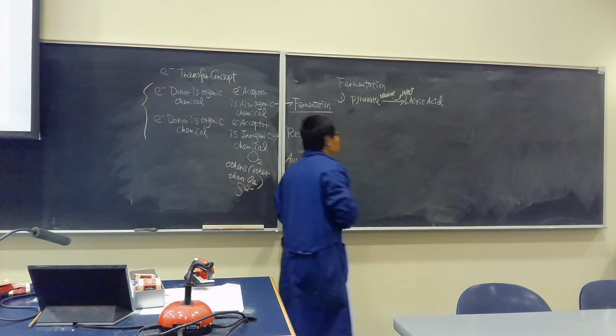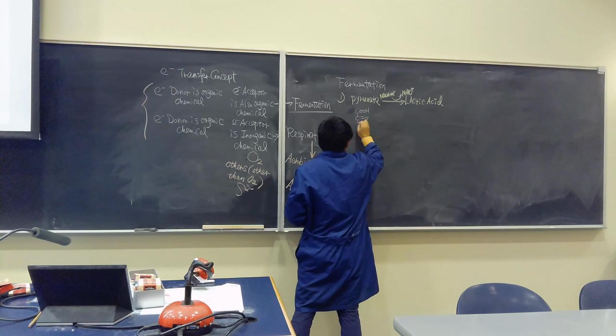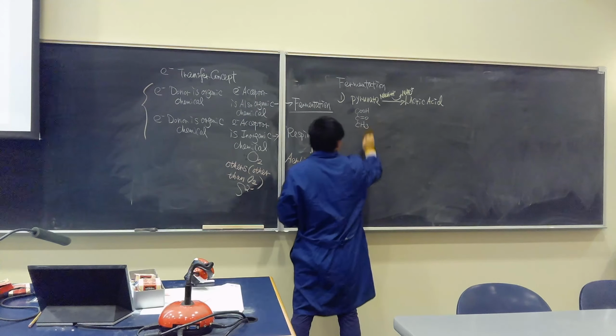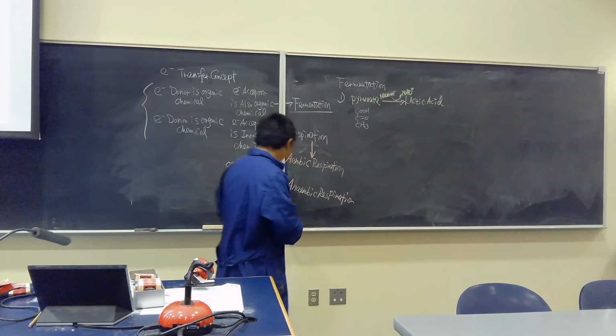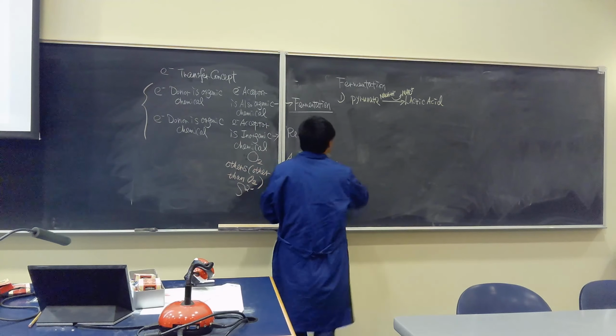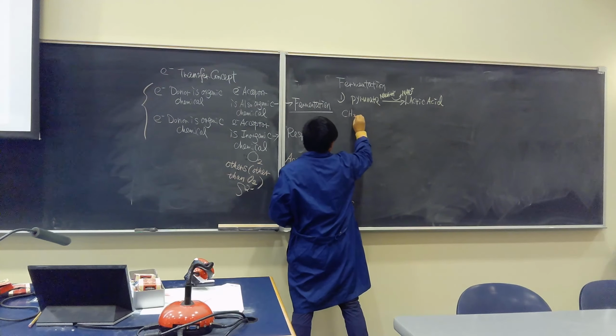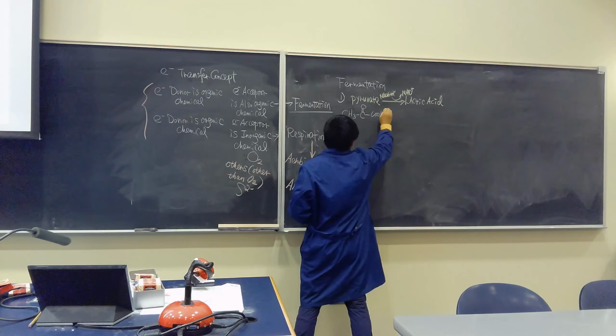Okay, what is pyruvate? COOH, CH3. Okay? Let me draw another one. You understand? Let me draw another one. CH3, the ketone right in the middle, COOH.